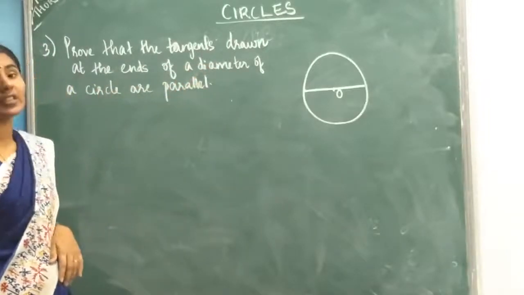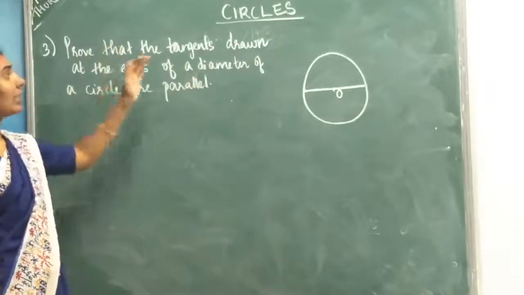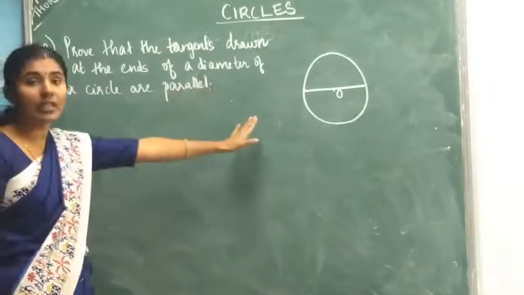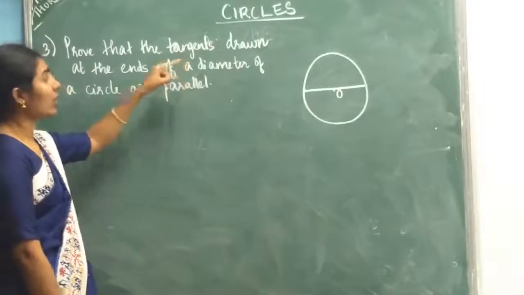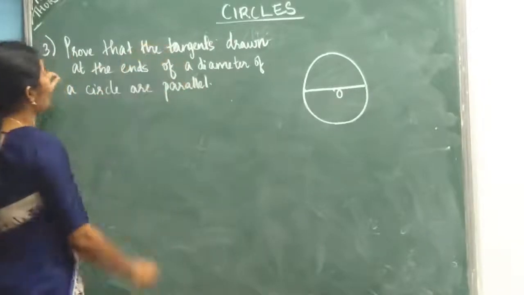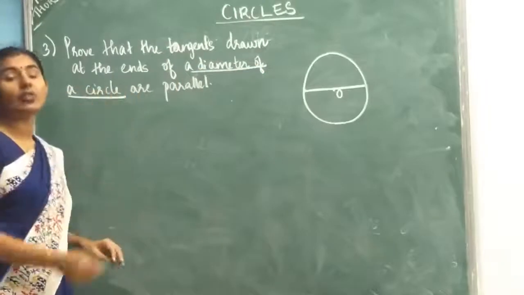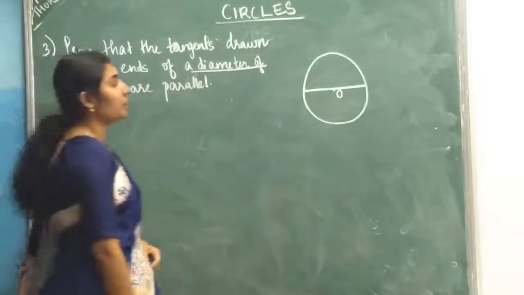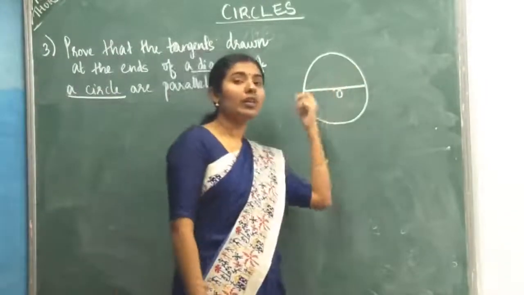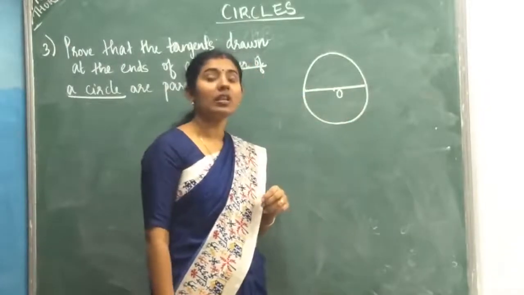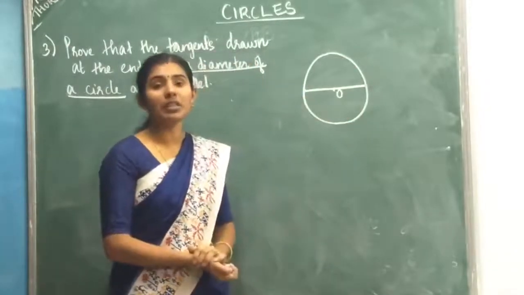So what can you understand from the question? First of all, the figure they didn't give. So see here, tangents drawn at the ends of a diameter of a circle. So what is a diameter of a circle? First of all, you draw one rough figure of a circle. And what is meant by diameter?